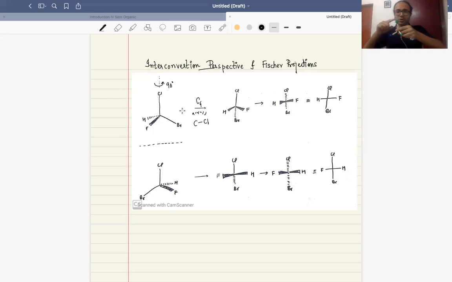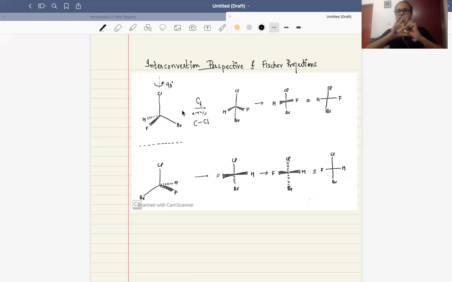So you have your chlorine here, bromine here, fluorine pointing towards you, and your hydrogen on the back side. This palm is the plane of the writing board, so the Cl and Br bonds are on the plane.